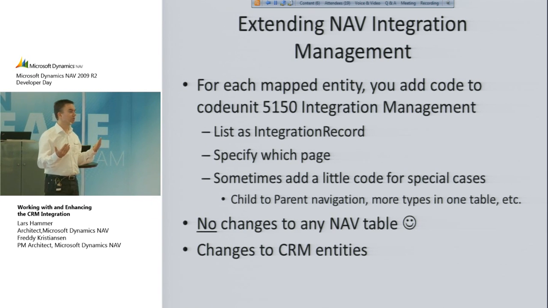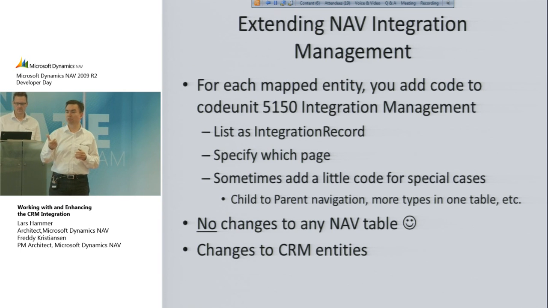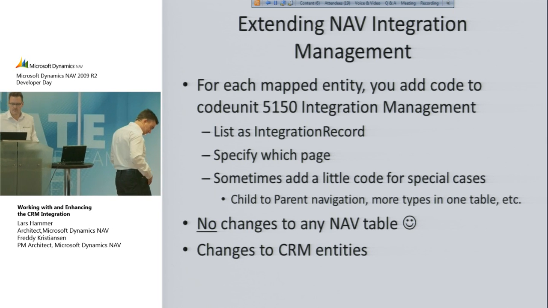So in some cases, you actually need to have some more data added to the CRM model, such as the integration key that keeps the name of the NAV record. So that's what you have to go through in the abstract, and let's see a demo.